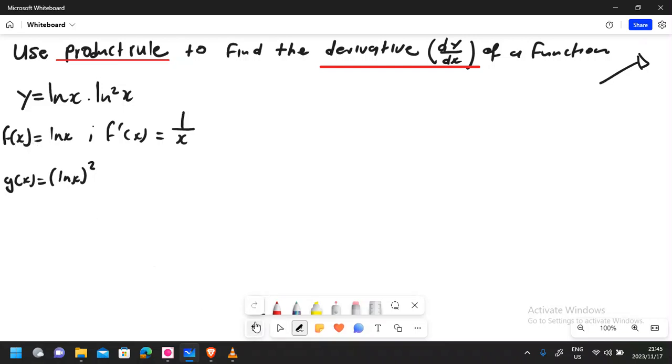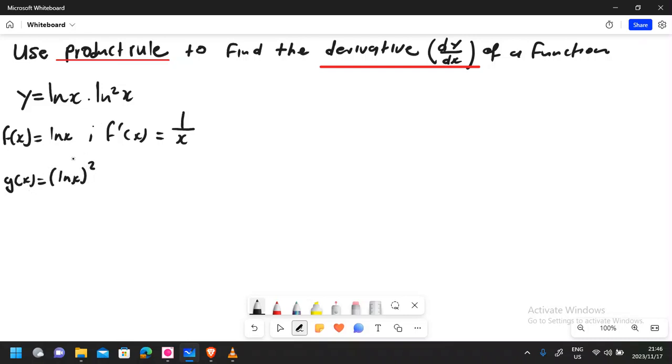I made videos on that. All right, now let's go to the other one, which is g of x. We need to remember, we need to differentiate both of them. This is f of x, the first one here, and then natural log squared x is this one, g of x.